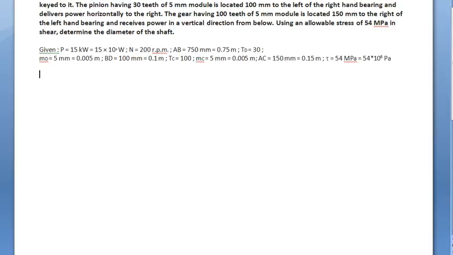Then AC is 150 mm. Shear stress is 54 MPa.